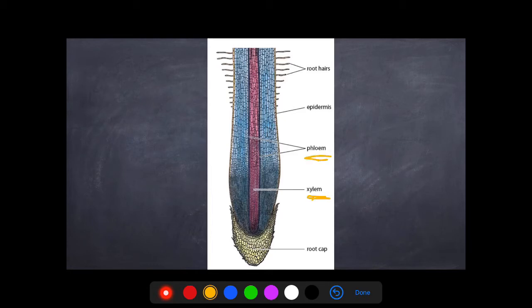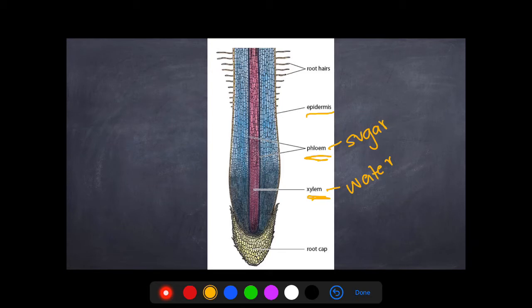We're going to talk about what the xylem is. We're going to talk about what the phloem is. Xylem, just as a heads up, helps to move water from the root to the stem and to the leaves of the plant. And the phloem helps to transport sugar from the leaves down to the stem and to the roots, because remember, sugar is made in the leaves because leaves are where photosynthesis occurs.